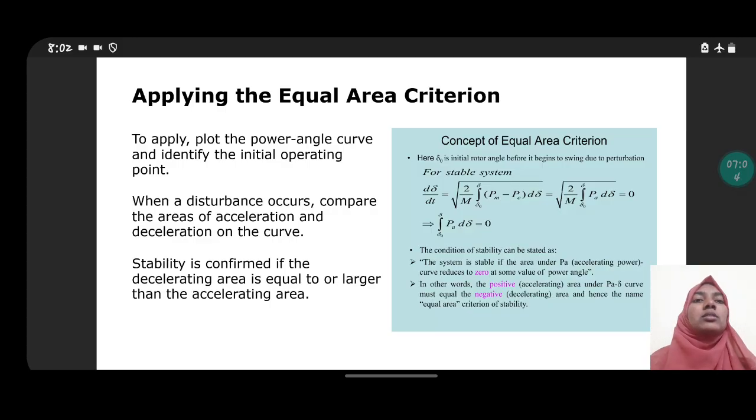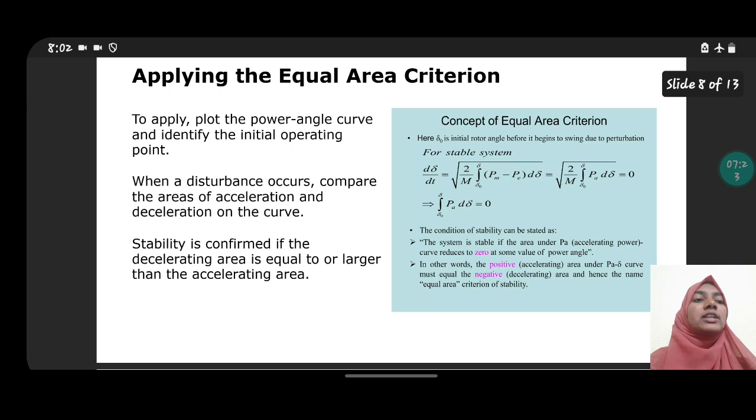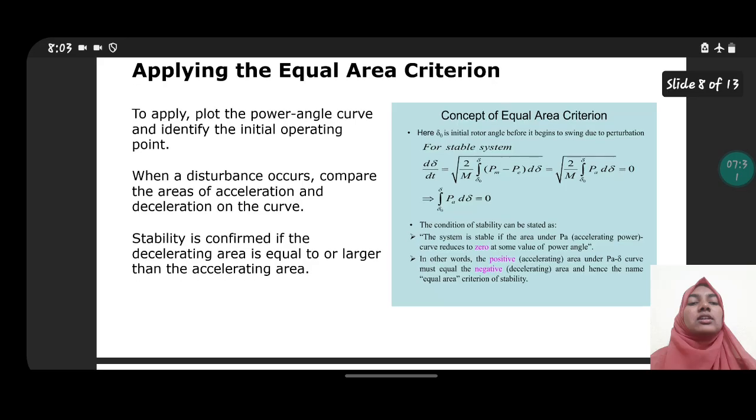To apply the equal area criterion, plot the power angle curve and identify the initial operating point. Before that we have to plot a graph of the power angle curve. After plotting the graph, we have to identify the initial operating point. That means when a disturbance occurs, compare the areas of acceleration and deaccelerations on the curve.